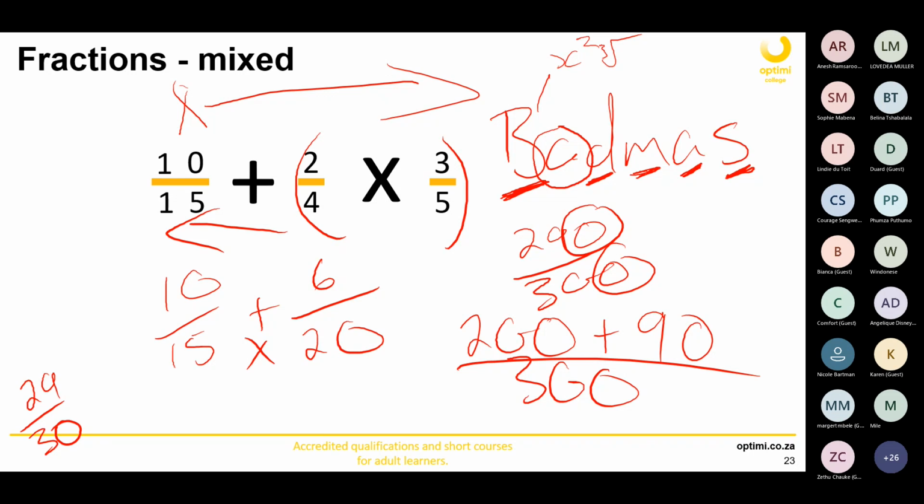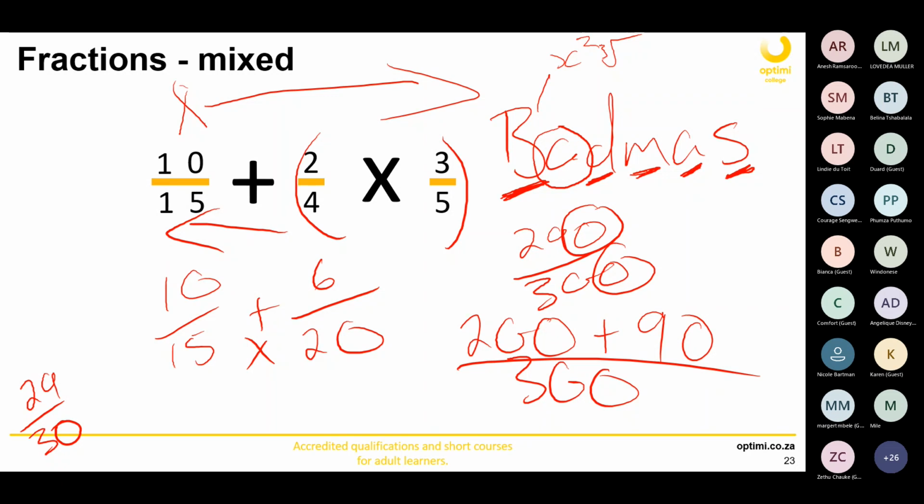I think 29 is a prime number, which means it cannot be divided by anything. Correct. So the answer of 10/15 plus 2/4 times 3/5 is 29/30. Cannot be simplified.